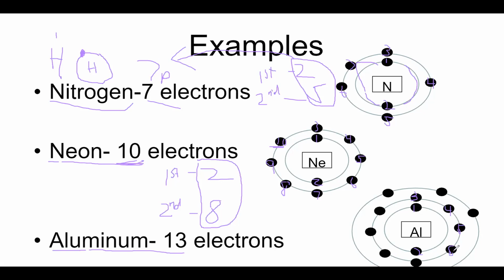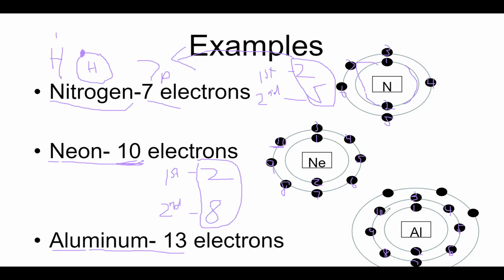Man, drawing numbers on a computer is a lot harder than it might look. 6, 7, 8, 9, and 10. But now our second shell is full, right? We just put 8 more electrons on this second shell. 2 on the first and 8 on the second gives us 10.